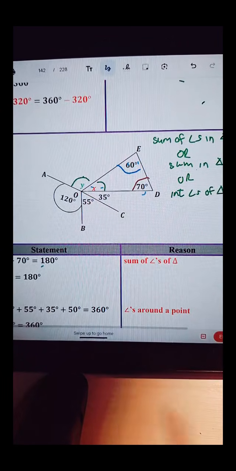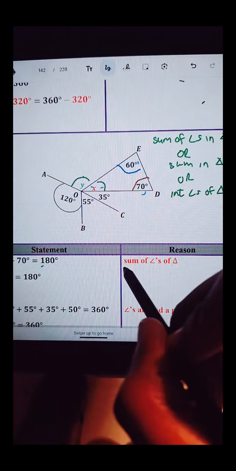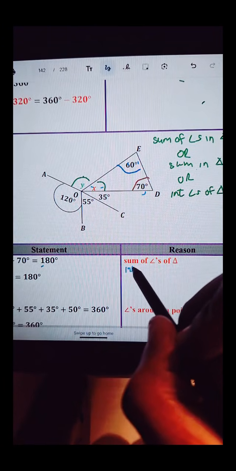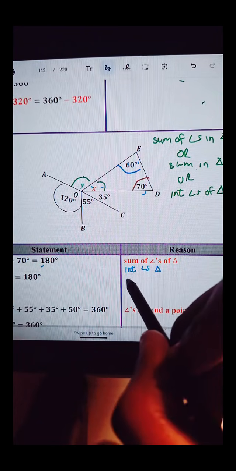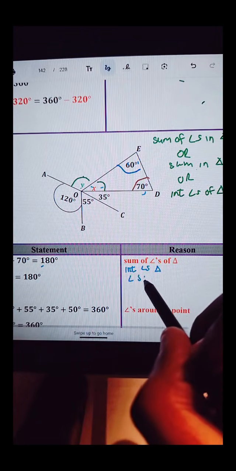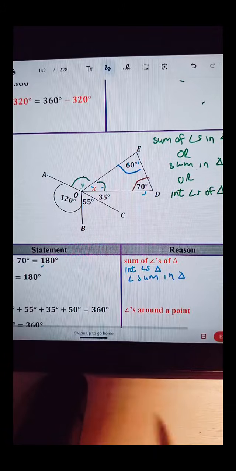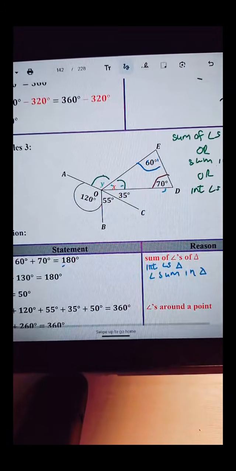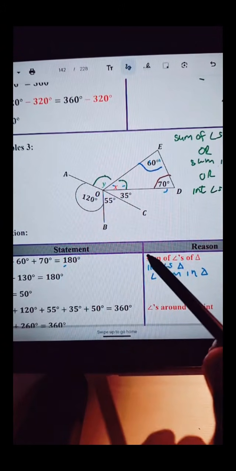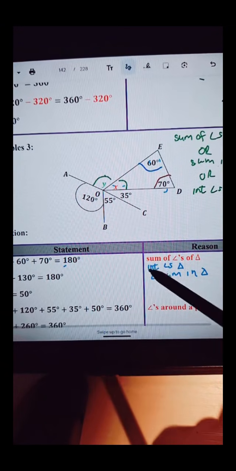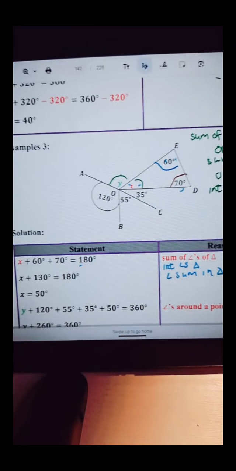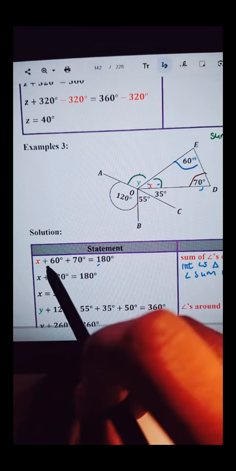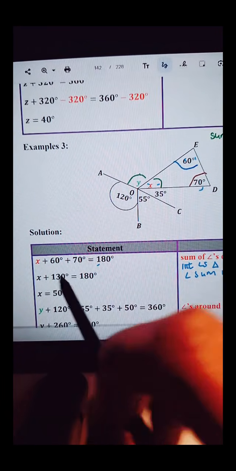Sum of angles of a triangle. Or you could say, if you want, as a reason, interior angles, triangle. Or you could say angle sum in triangle. Any of these 3 is an acceptable reason that you could use. So there is x plus 60 plus 70 is equal to 180.